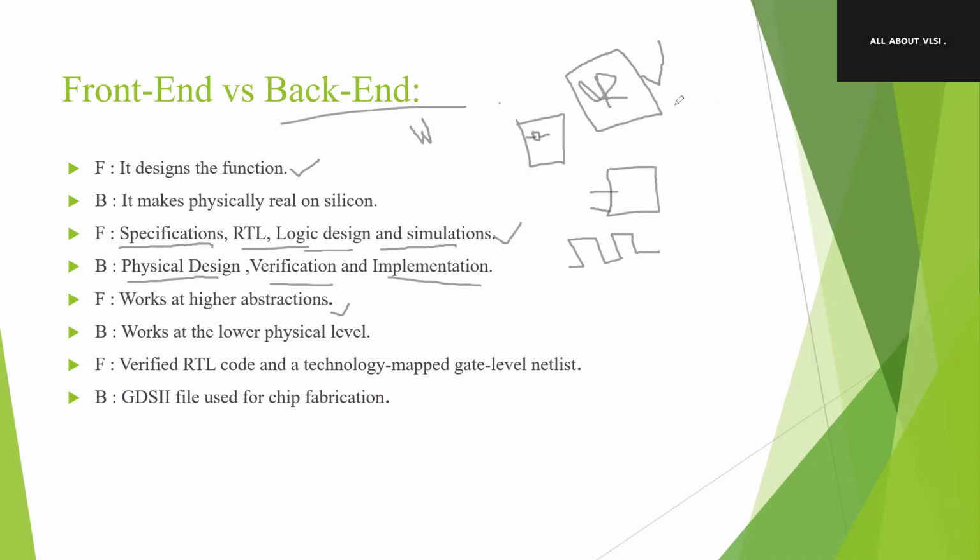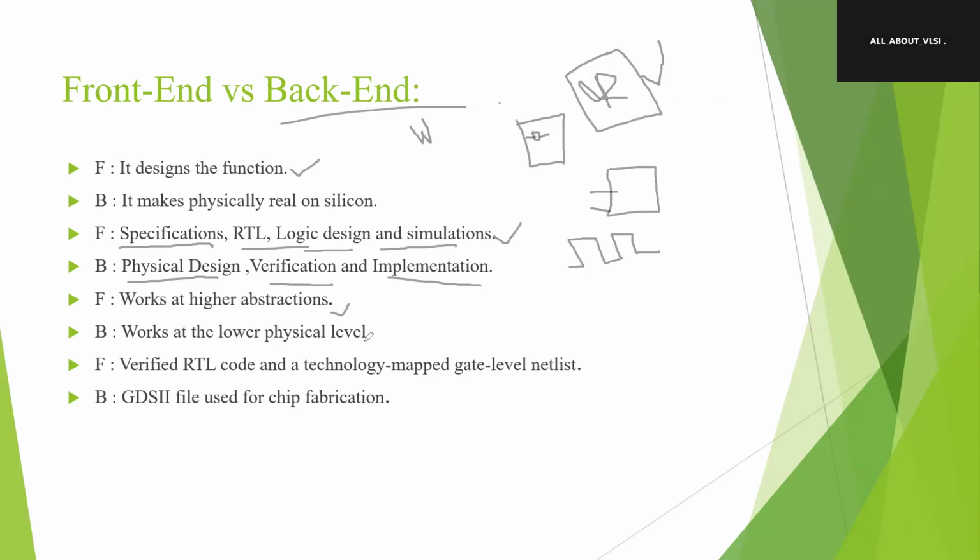Front end people don't know how these transistors work. So front end people work at higher abstractions. Abstraction means it hides the information; it shows only the main things. And backend people work at the lower physical levels.